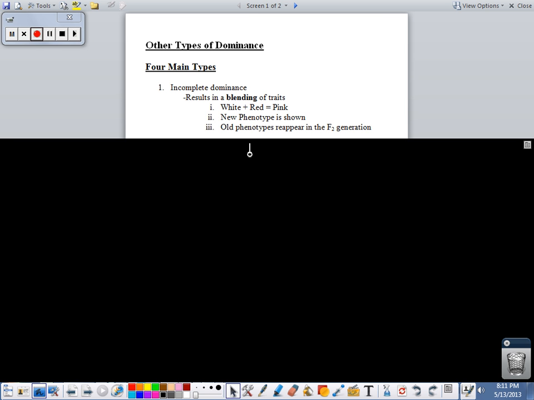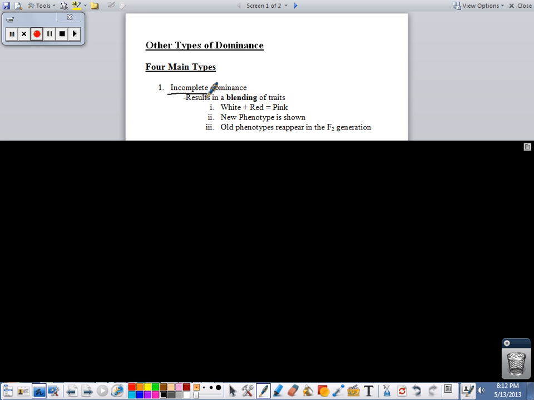Okay, the first one is called incomplete dominance, and its name really tells you all about it. It's incomplete. And what it means is neither trait is dominant over the other. And this is the one where they were thinking, because they would see this in nature originally and think this is what it was.